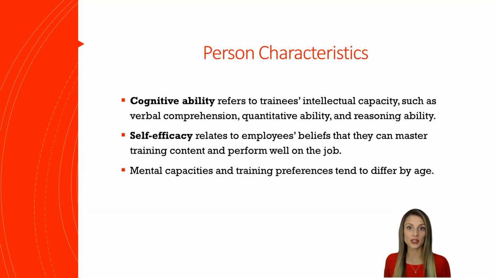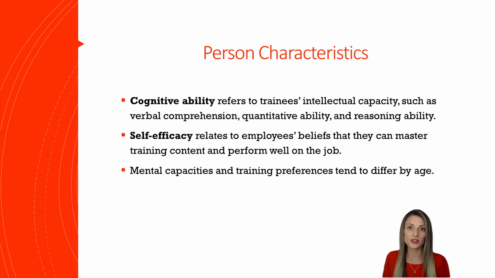We may also want to assess potential trainees' cognitive ability, or their capacity to use reason to solve problems, to work with data, and to comprehend verbal information. Cognitive ability can also be measured with standardized tests and can predict training success. We also want to measure trainees' self-efficacy or their beliefs about their ability to learn and to apply content to their jobs. If they lack confidence, they may also lack motivation.